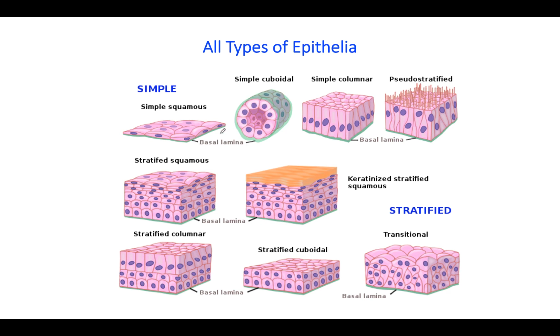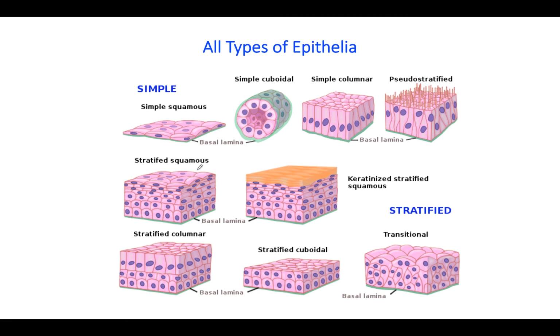So far we have studied simple epithelia and stratified epithelia. In the case of simple epithelia, there are simple squamous, simple cuboidal, simple columnar epithelia, and also pseudostratified columnar epithelia belongs to the simple epithelial category.